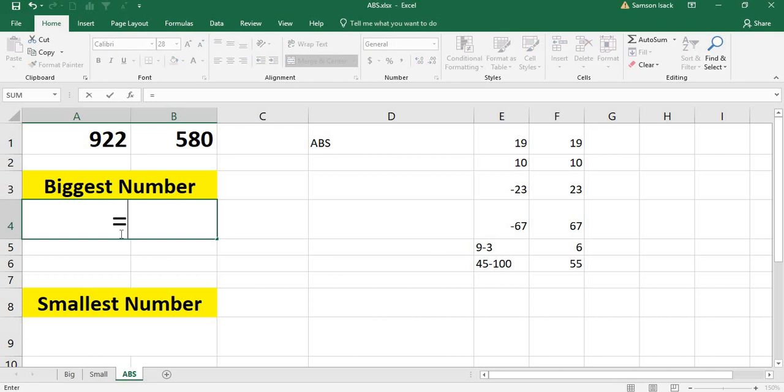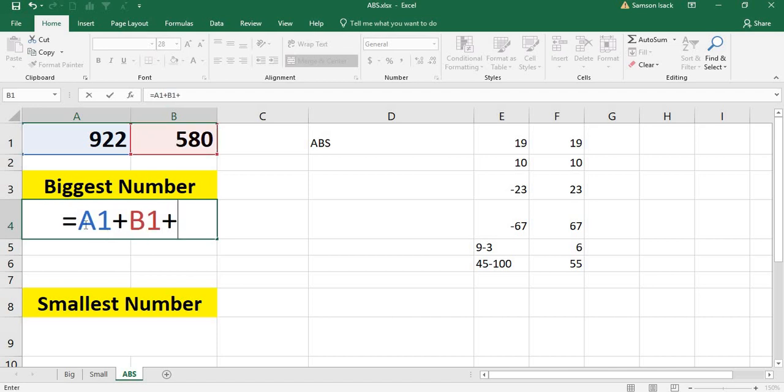Now I just want the biggest of two numbers, so we will go this way, maybe it is very understandable. I put the first number plus the second number.